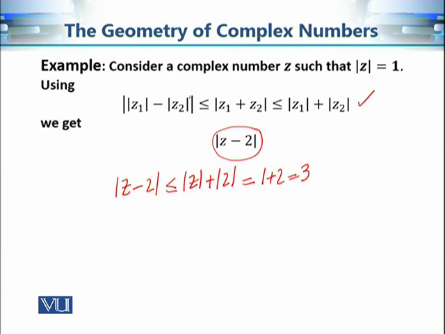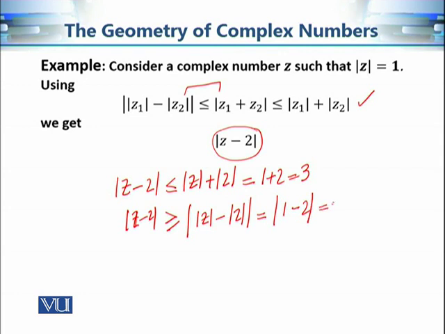And similarly, using this part of the inequality, we can calculate the lower bound of this thing. So |Z minus 2| is greater than or equal to |Z| minus |2|, which is equal to |1 minus 2|, which is equal to 1.